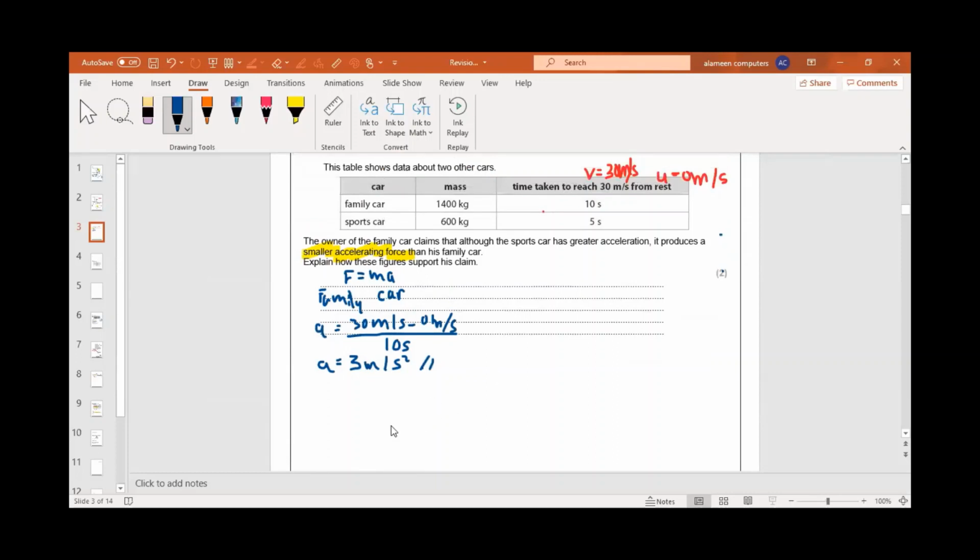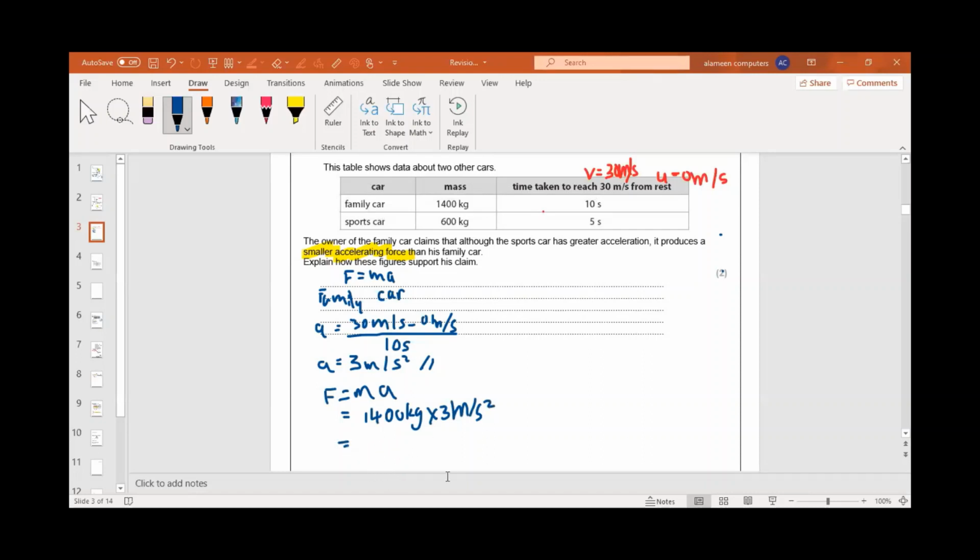Now we have the acceleration of the family car, so we can use F equals ma to find the accelerating force of the family car. The mass of the family car is 1,400 kilograms multiplied by its acceleration, 3 meters per second squared.